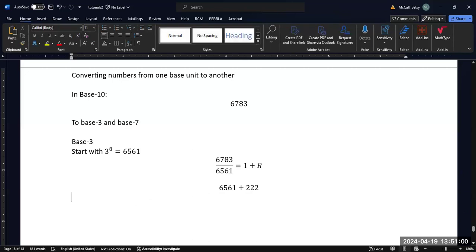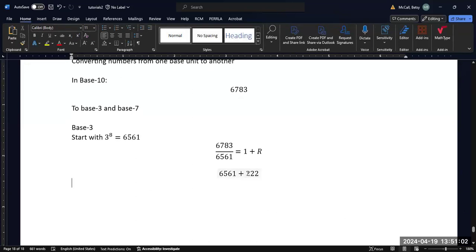Now, I need to figure out what is the next largest power of 3 that's going to divide into 222. And I believe that is going to be 81 because 3 to the 5th is 243, which is bigger than that. So 3 to the 4th will be the next power.